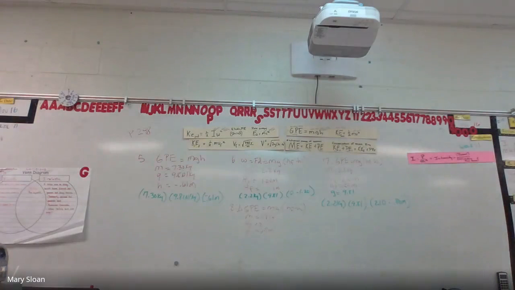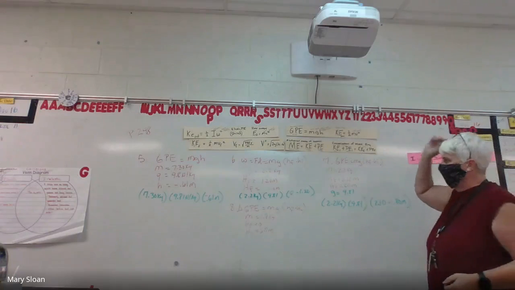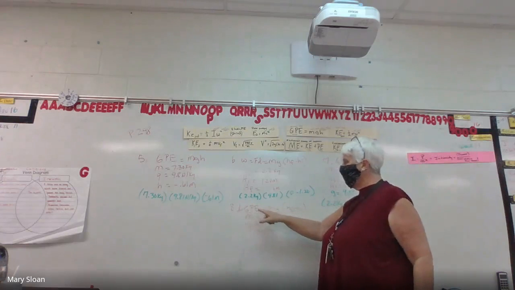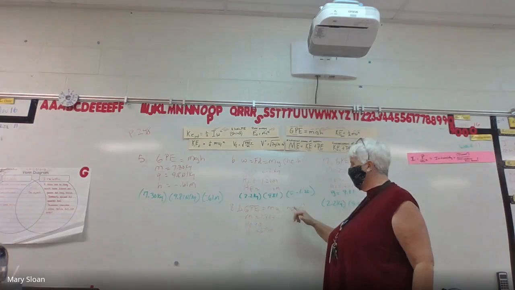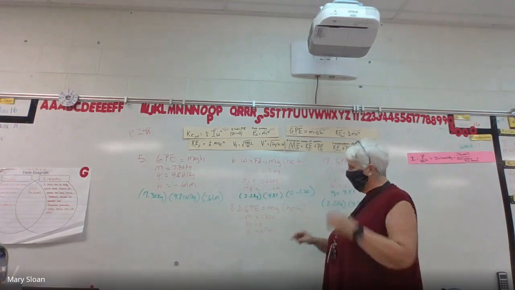It says if a 1.8 kilogram brick falls from a chimney at 6.7 meters high to the ground, what is the change in potential energy of the brick-Earth system? So, change in gravitational potential energy, same thing, right? Mass times gravity times height final minus height initial.